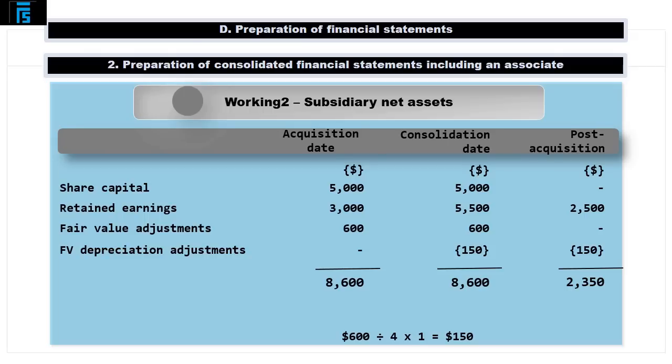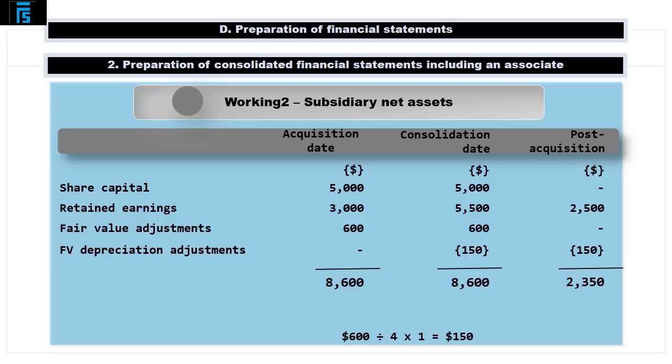When it comes to the final row of the working, fair value depreciation adjustments, at the consolidation date, we will show any additional depreciation which will have been recorded in the group financial statements as a result of incorporating and initially recognizing the subsidiaries' net assets at their fair values as opposed to book values, and subsequently charging depreciation on the basis of these amounts.